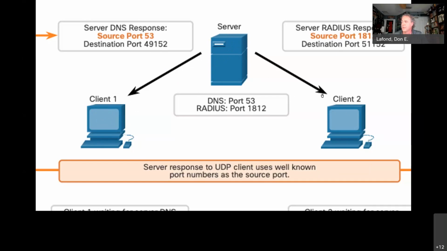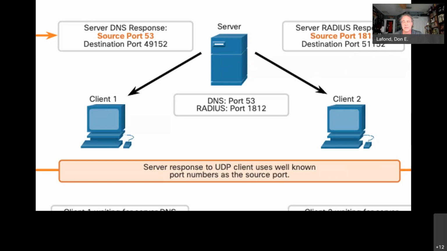On the other side, we're doing a RADIUS request. So the client sends a message with a destination port 1812 and a source port, in this case a random number in the upper range, 51152. The server receives that RADIUS request and then replies back.